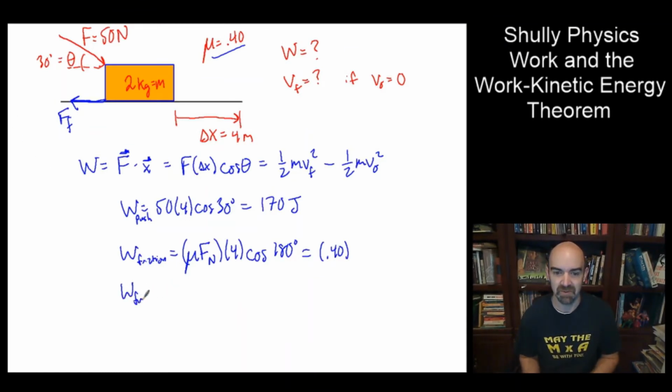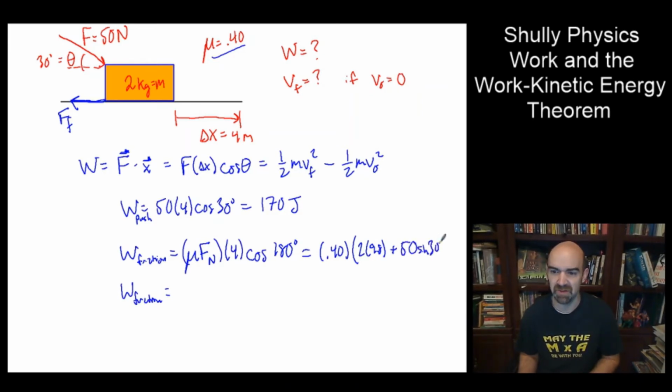So our new work from friction is, I already had it up here, 0.4 times mg, so 2 times 9.8, there's the weight, plus the F sine theta. I'm sorry, so it's mg plus F sine theta, 50 sine of 30 degrees.